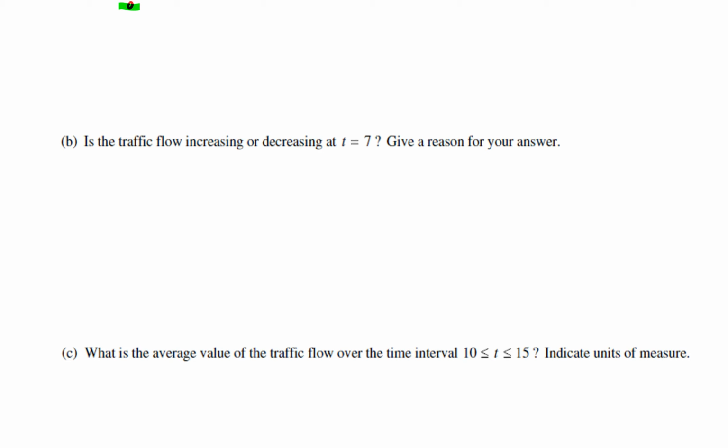So the way we determine if it's increasing or decreasing is by finding the rate of change. So that would be f prime. f prime of t is going to give me the rate, and to determine if it's increasing or decreasing, I'm going to check for greater than or less than 0.